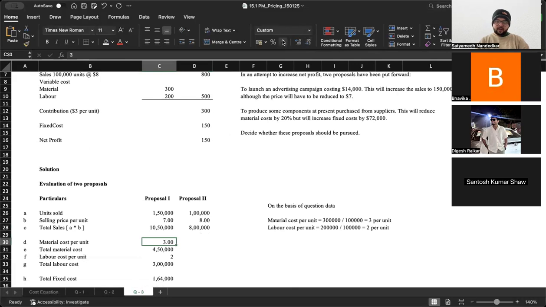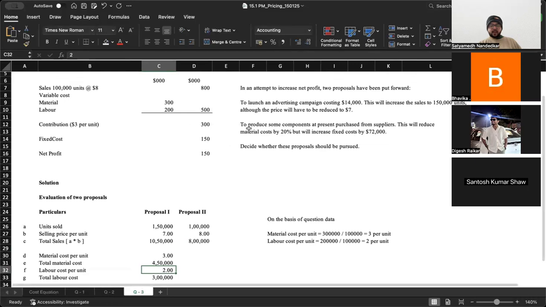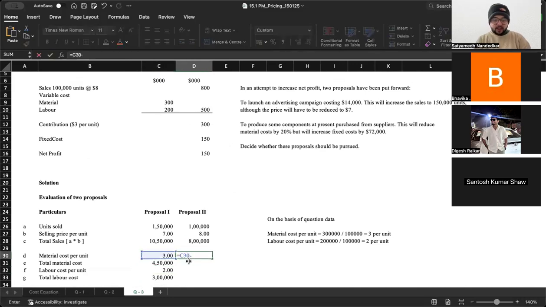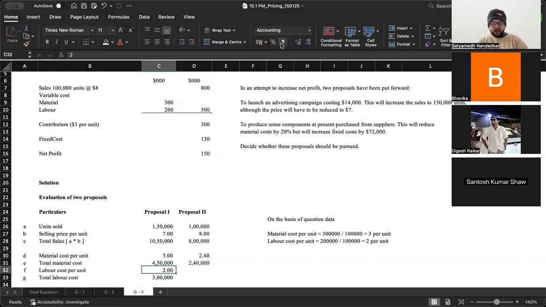Now the fixed cost, so now what are they saying about the material cost? Material cost will reduce by 20%. 3 minus 20%, 2.4. So total material cost is 2,40,000. Labor cost is the same.